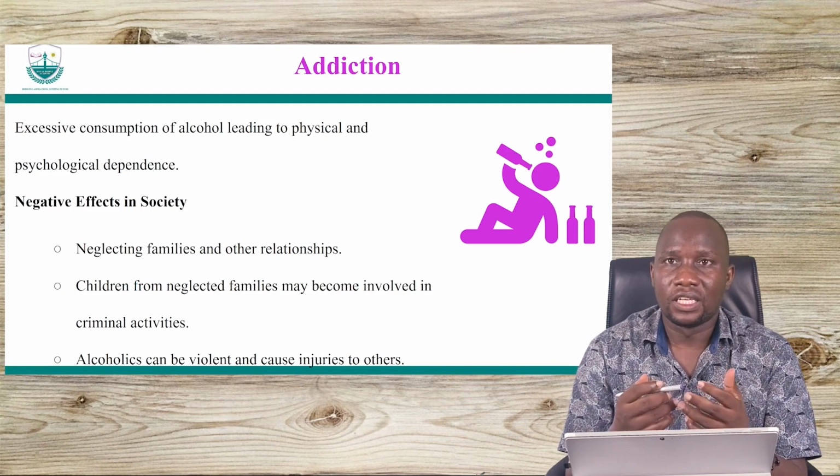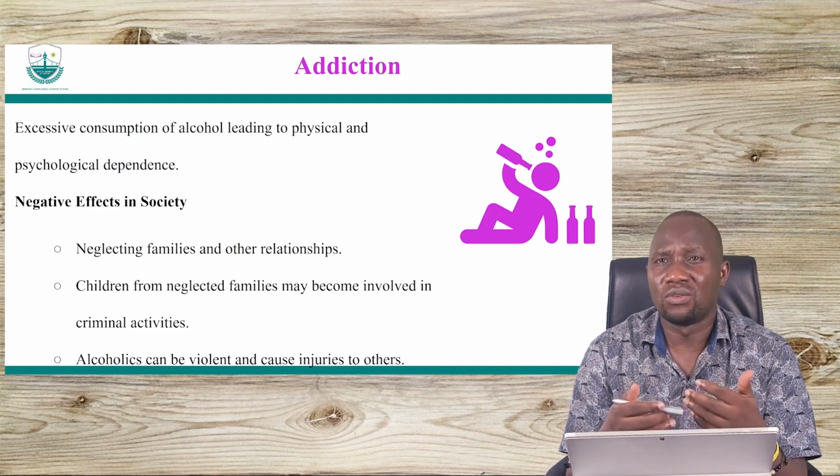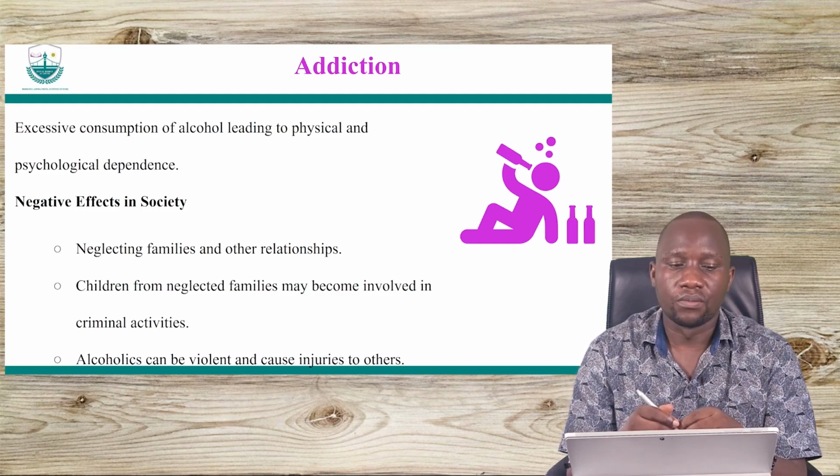It comes as a result of taking alcohol over and over again, and then your body depends on it, and then you slip into addiction. Addiction is not good because every money that you get, you spend it on alcohol.